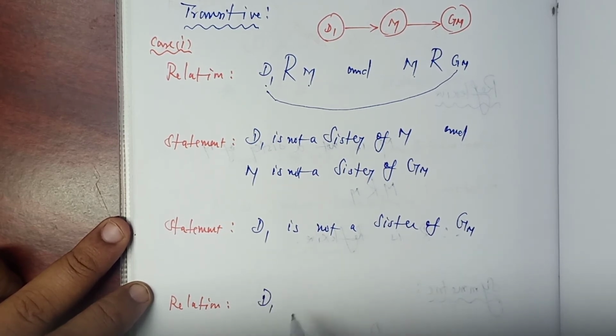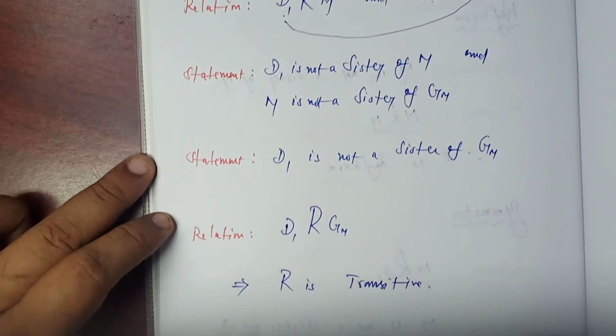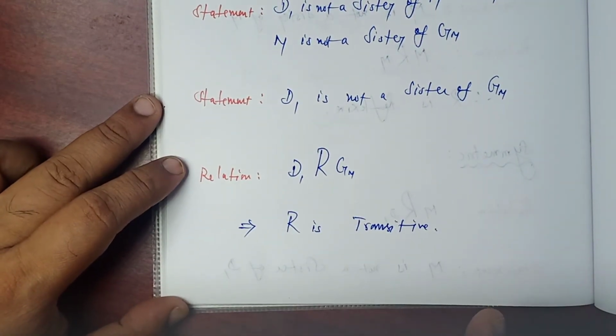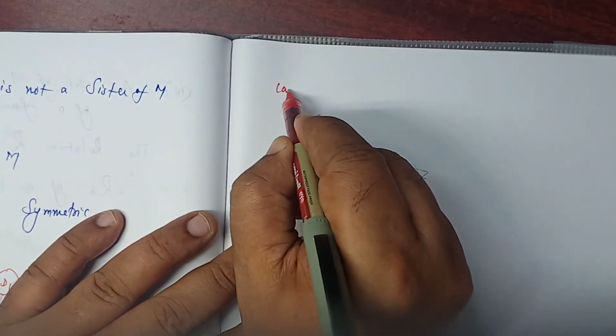So, D1 is related to GM. In this case, we can say R is transitive. Now I can go for another case, case 2.